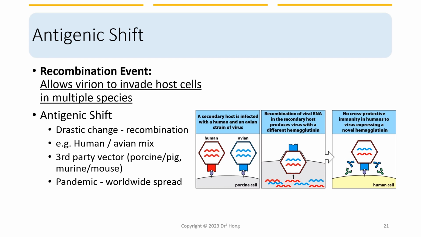The two different strains of viral RNA mix or have a recombination event in the same pig cell. At this point, the change is not just a point mutation, but a drastic change that contains part of the genome from avian and part from human.